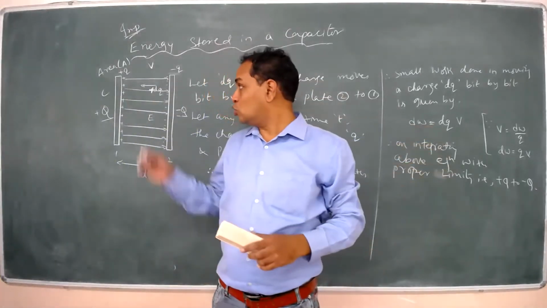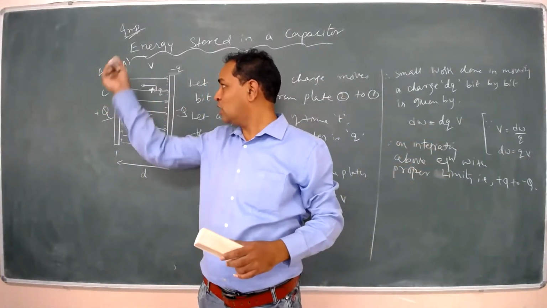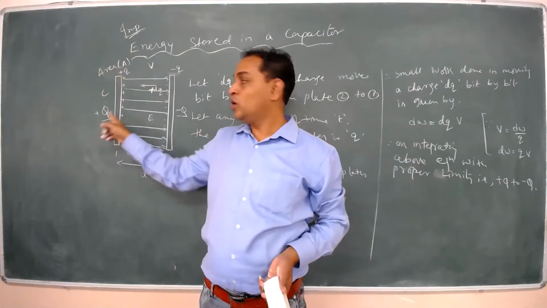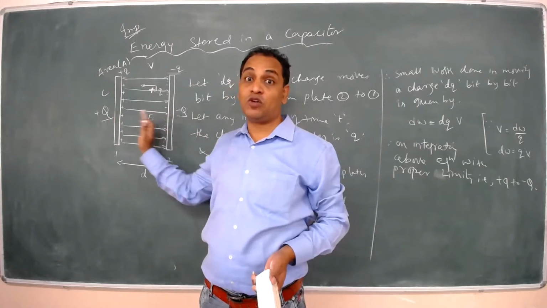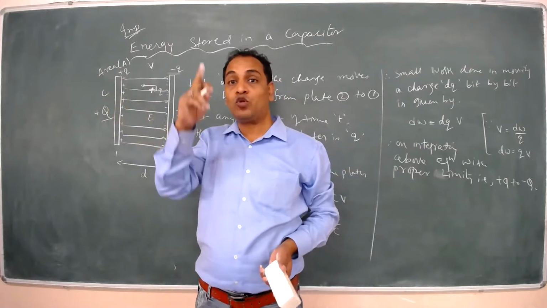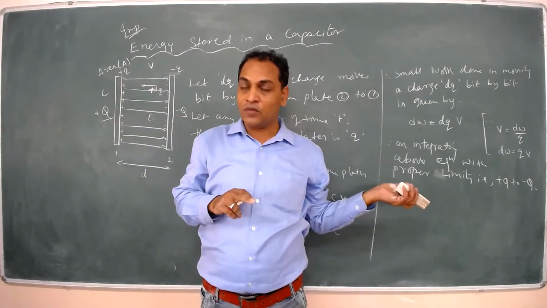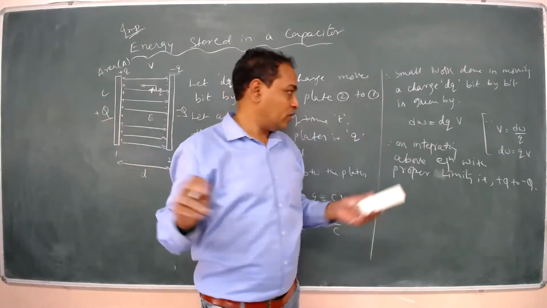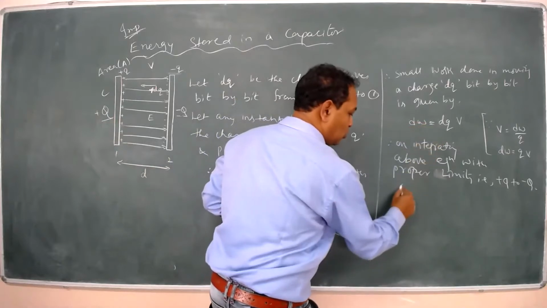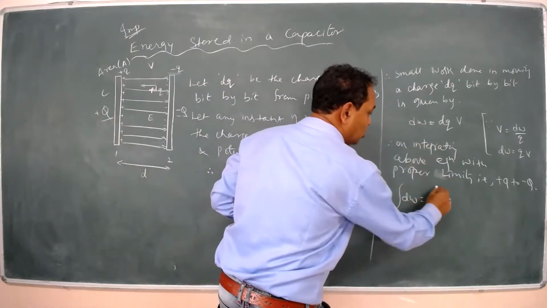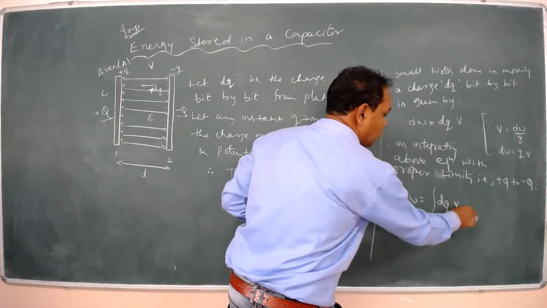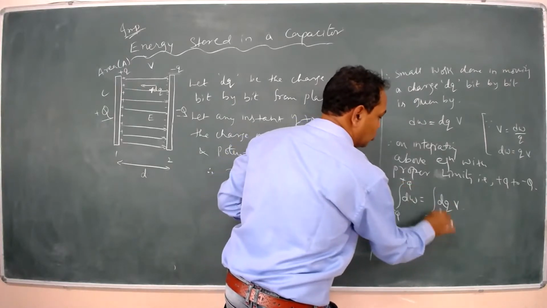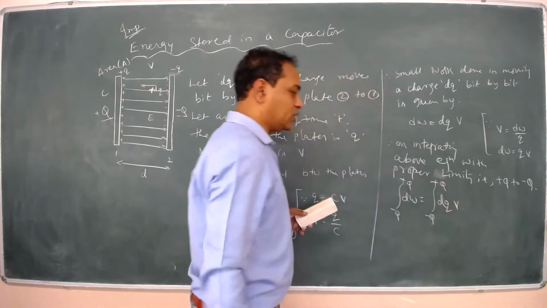To store the total charge on the plates, that is plus capital Q here and minus capital Q there, that much work I have to do. So for that I have to integrate this small work within the limits, minus Q to plus Q. So dw is equal to the integration of dq into v, from minus Q to plus Q.